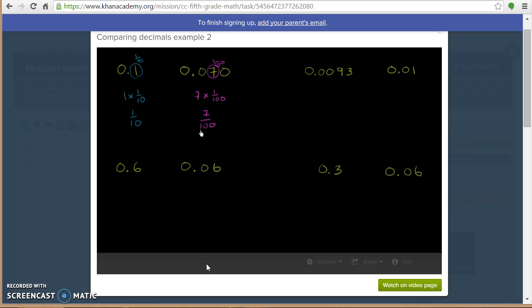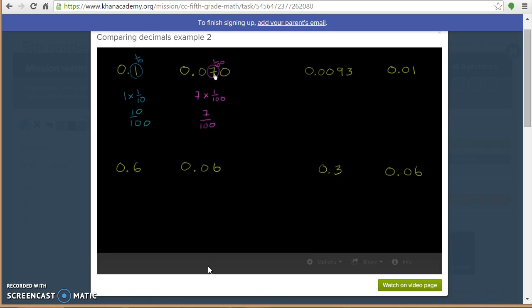And there's two ways you could think about it. You could try to turn 1/10 into hundredths. And the best way to do that, if you want the denominator to be increased by a factor of 10, you need to do the same thing to the numerator. So all I did is I multiplied the numerator and denominator by 10. 10/100ths is the exact same thing as 1/10. And here it becomes very clear. 10 hundredths is definitely larger than 7 hundredths.